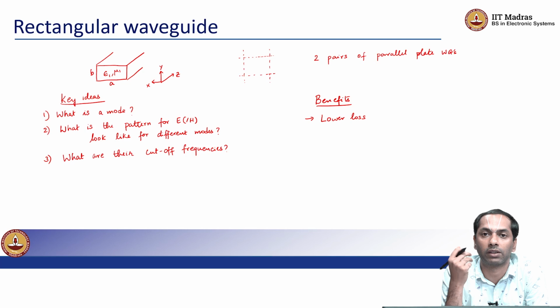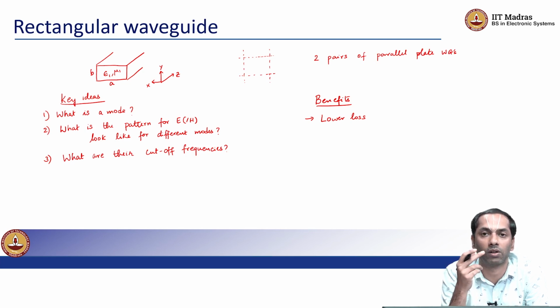Whereas the way that electromagnetic fields are transported in a rectangular waveguide, we don't quite rely on the currents and voltages, right. In fact, there is only one conductor in a rectangular waveguide. All the walls of the rectangular waveguide constitute only a single conductor, right. So the notion of carrying energy from the source to the load is quite different from the case of the transmission lines, where we could actually think of voltages and currents, right.